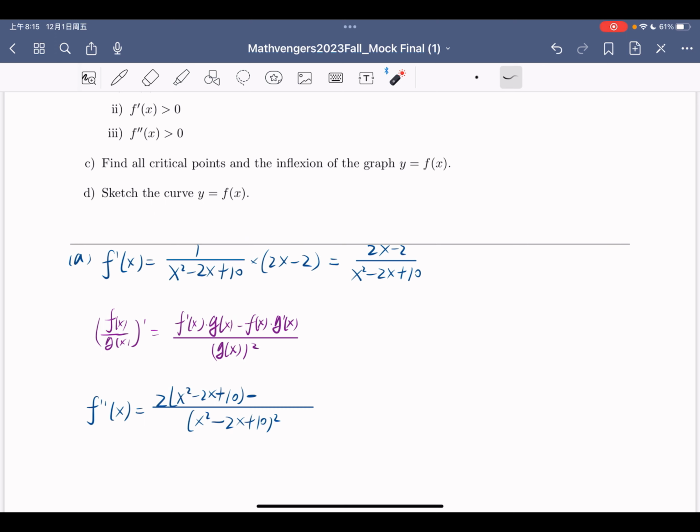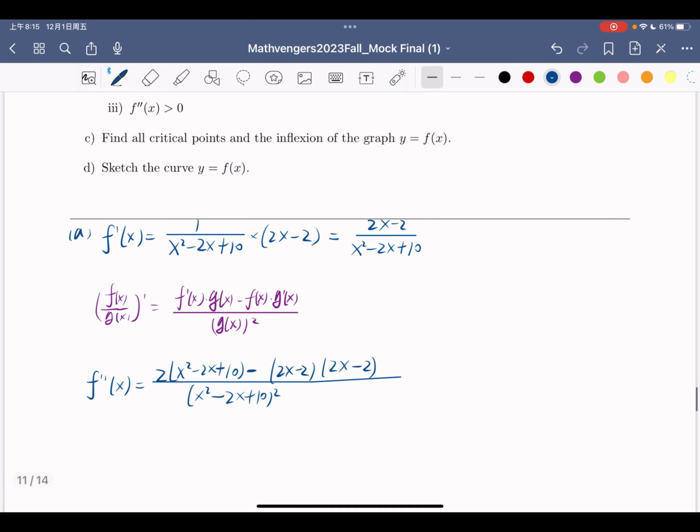So f(x), we write down 2x minus 2, and multiply with the derivative of g(x), so the derivative should be 2x minus 2. We can simplify this.